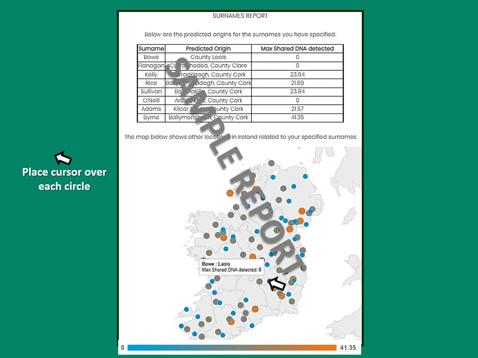In the final part of the report, it links each ancestral surname with a DNA revealed hotspot. So you can see here many of these link back to the most notable location within County Cork. And you can also place a cursor over the area of interest to see the amount of shared DNA in each location.